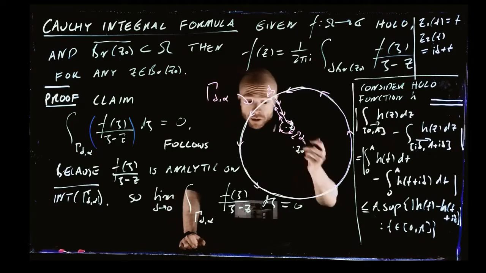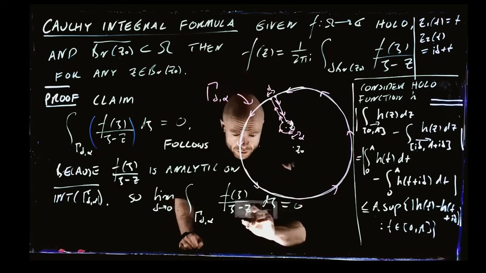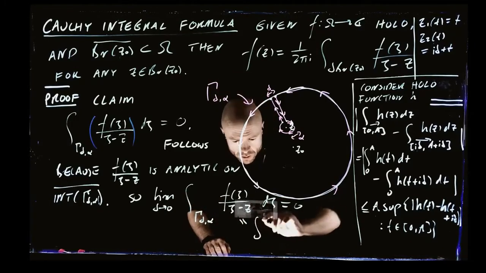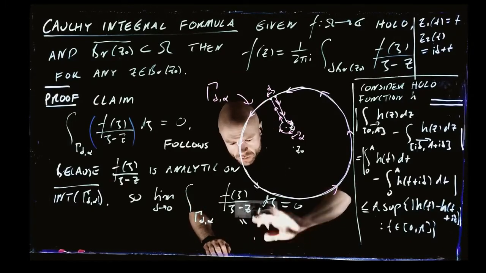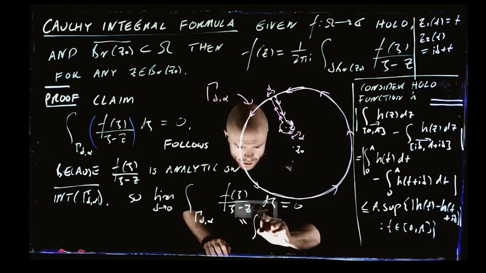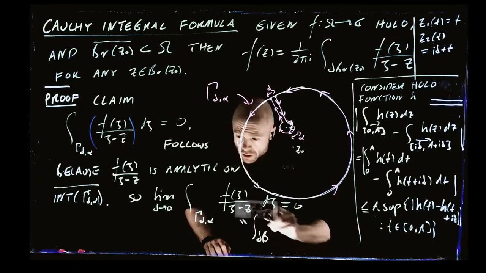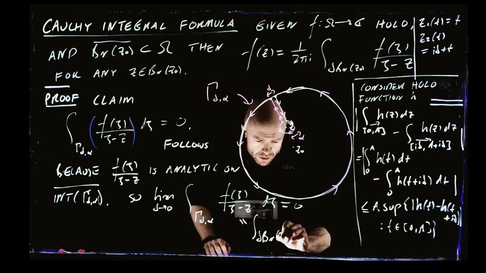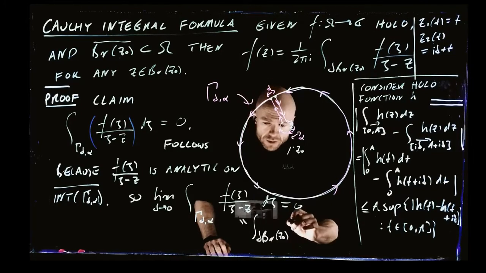Yeah? So this thing is equal to 0, but it's also equal to the integral of the boundary of the bigger circle, which is radius r, around z0, right?